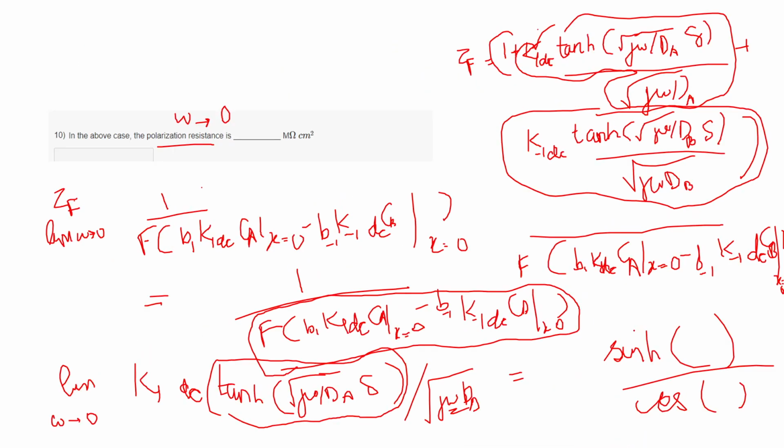Now similarly, if you do for the other term, that is k minus 1 dc, tanh something by root over something, you'll get the same thing.